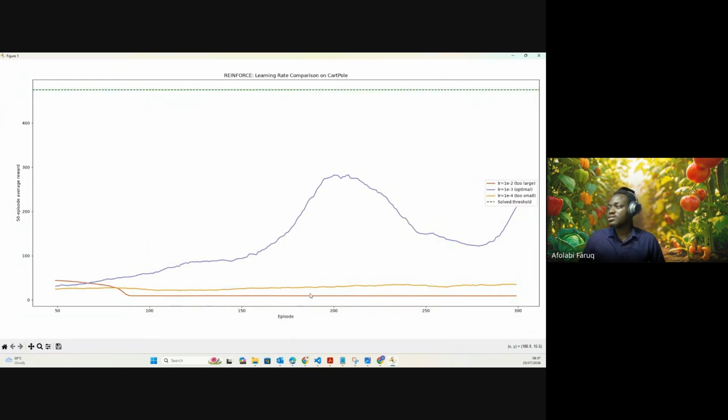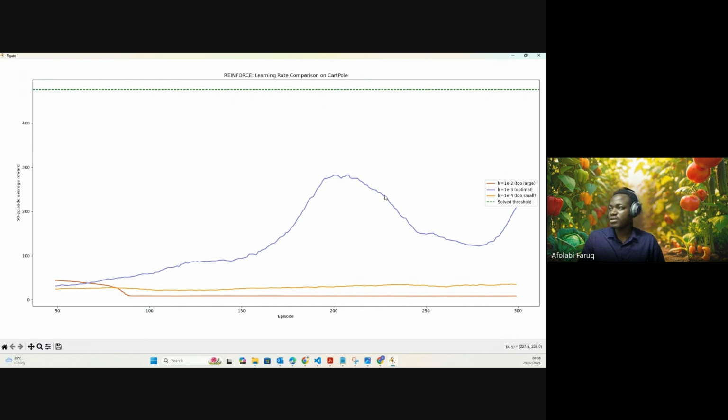You can see 10^-2 is quite small, right? This is the average learning rate here, very, very small. 10^-4 is quite large, right? So this is too small, and then this one seems optimal. You can see the average learning rate here seems optimal, right? So that's that for the learning rates.